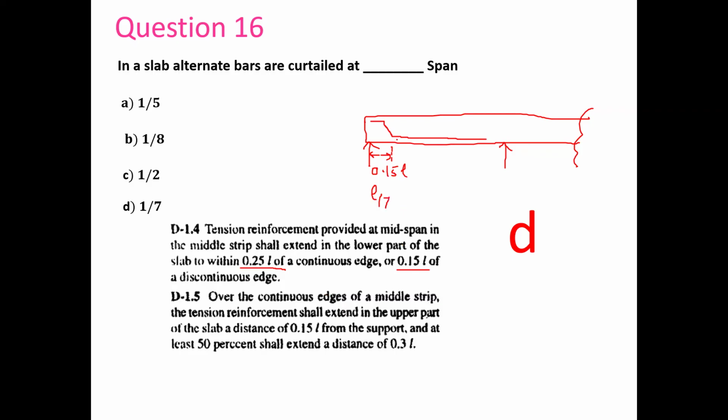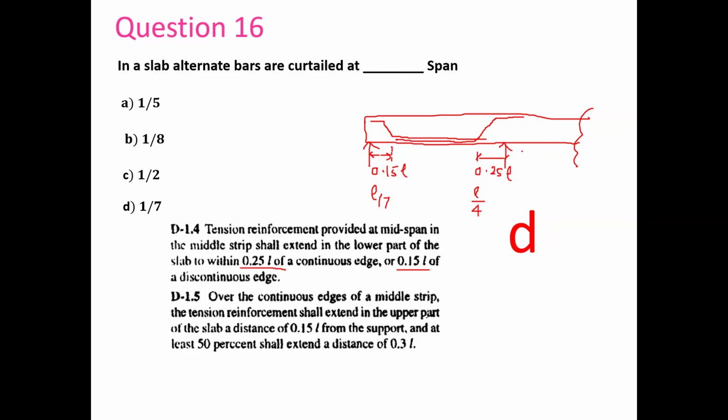Whereas for a continuous support, if I am going to bend it, then they have mentioned you have to bend it at 0.25 L, or we can write it as 1 by 4, means L by 4. So we are going to be at L by 4.